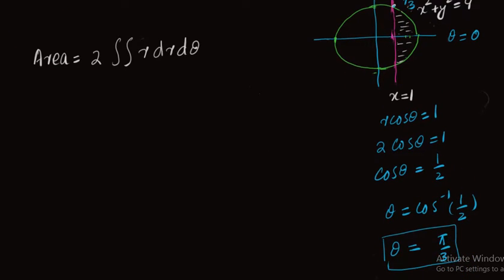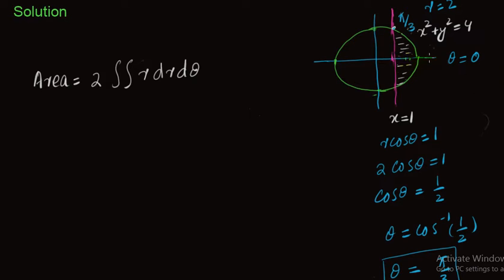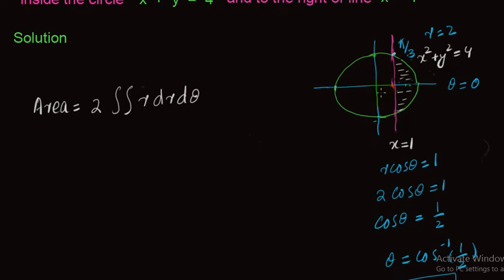Now we find the variation of r. For the variation of r, if we draw a radial line, our outer curve is r equal to 2 and our inner curve is r cos theta equal to 1. So from here we can write r equal to 1 upon cos theta.